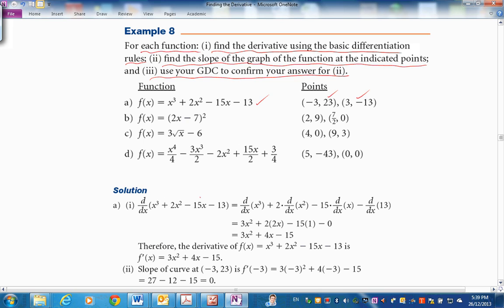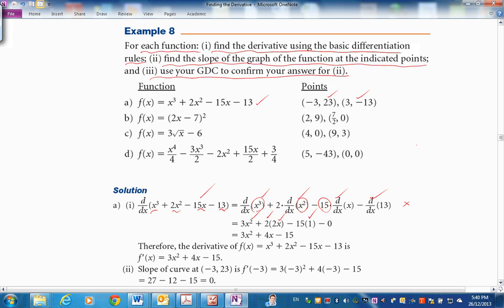Let's do the derivative of this. Oh, it's a biggie. There are actually 4 little functions added or subtracted. So it's the derivative of the first, you don't actually have to put this in, plus the derivative of the second, minus, etc. Let's do it. Derivative of x cubed is 3x squared, using the x to the n rule. 2 lots of the derivative of this is 2x. 15 lots of the derivative of x is 1.